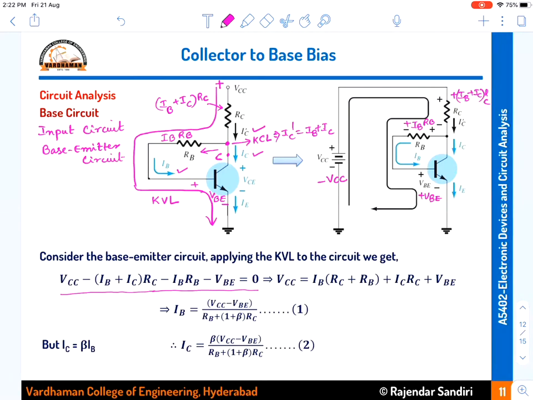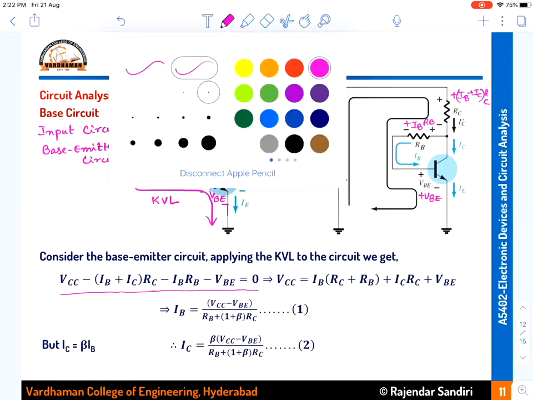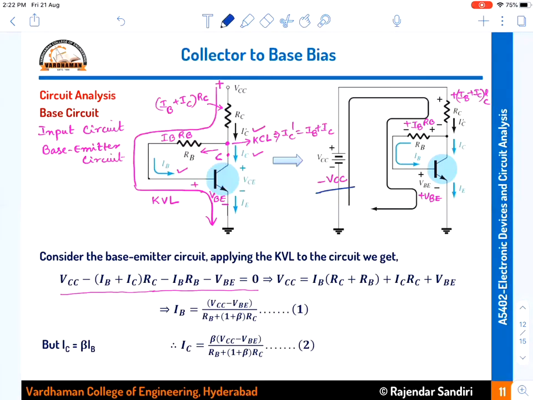Now all these four terms, you just add the 1, 2, 3, 4 terms in the clockwise direction. So in the clockwise direction, you will get minus VCC plus IB plus IC into RC plus IB into RB plus VBE is equal to 0.